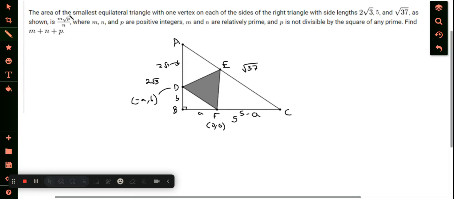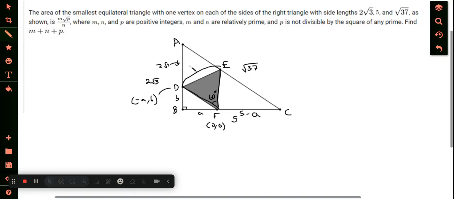Well, what information in the problem is going to allow us to solve for the coordinates of E, given these variables? Well, we know this is an equilateral triangle right here. So what do we know about this angle? This is going to be a 60-degree angle. And we also know this is the origin, and that screams to us that this is just a rotation.